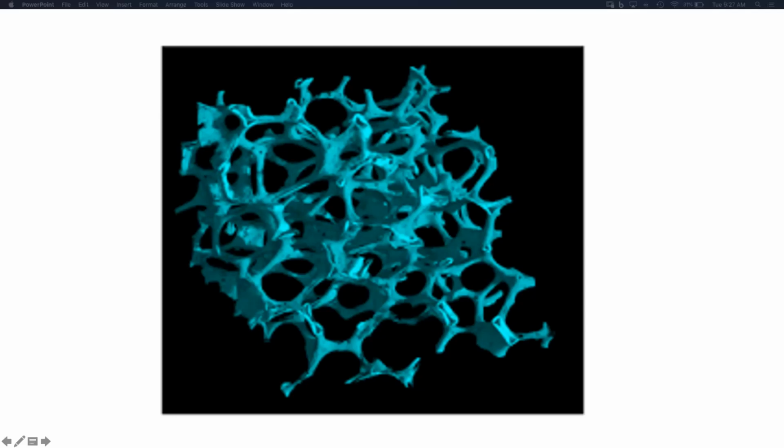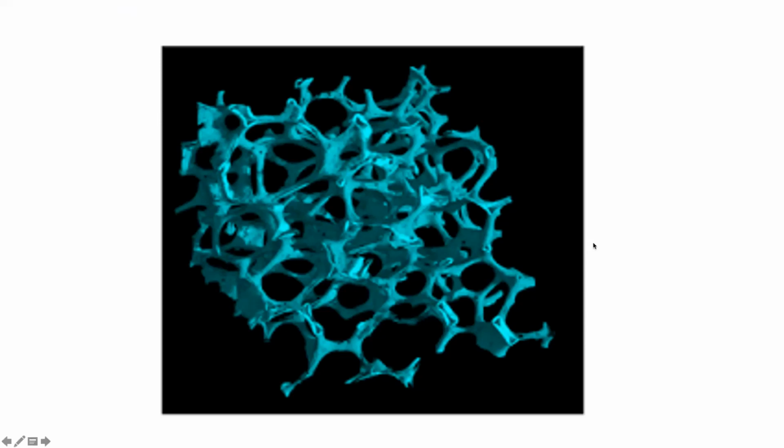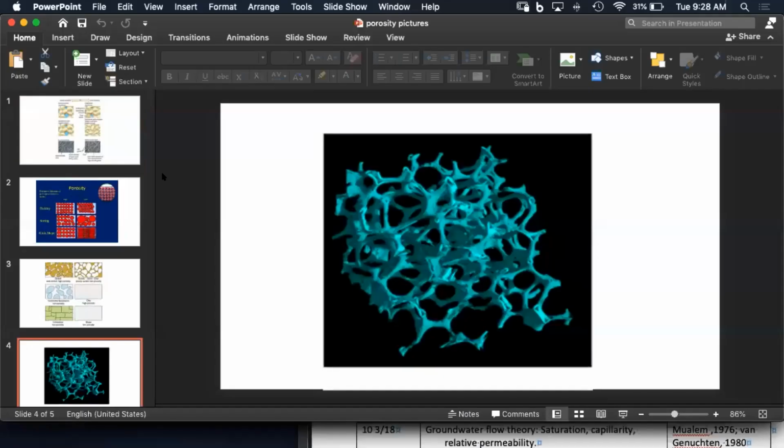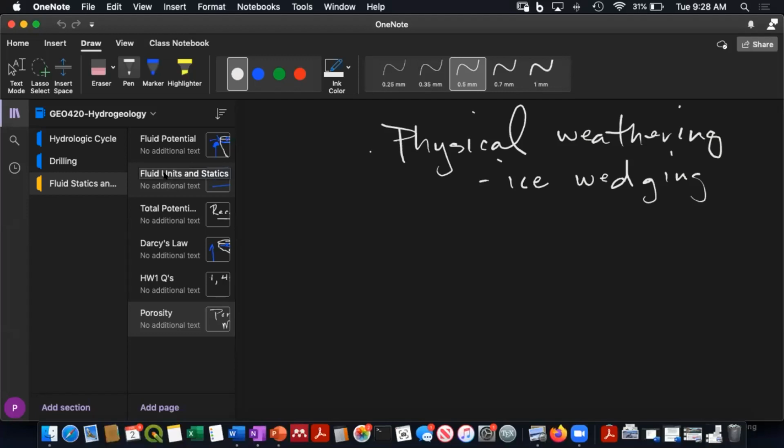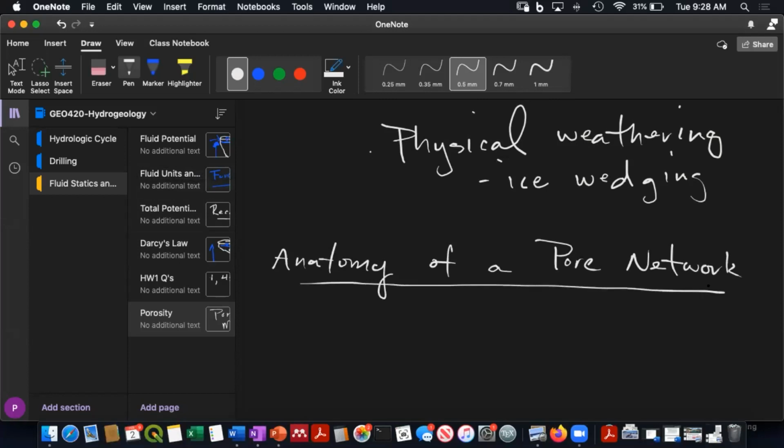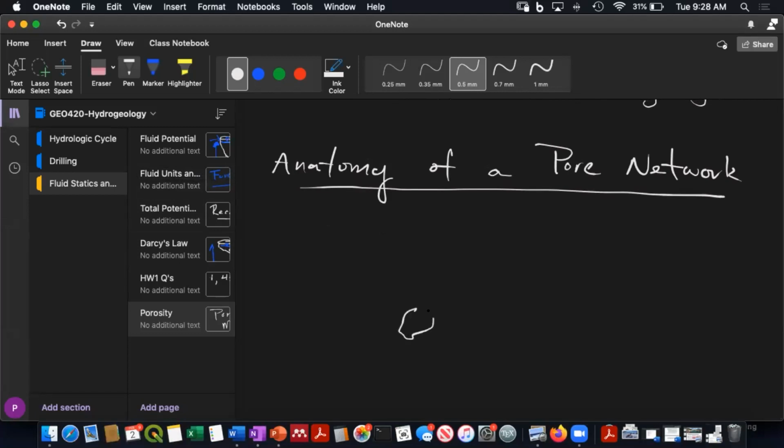So we've got these volumes in between grains, which is a pore.